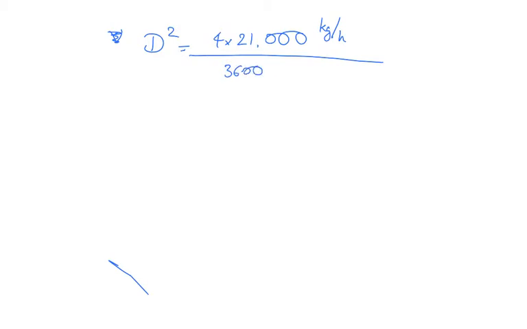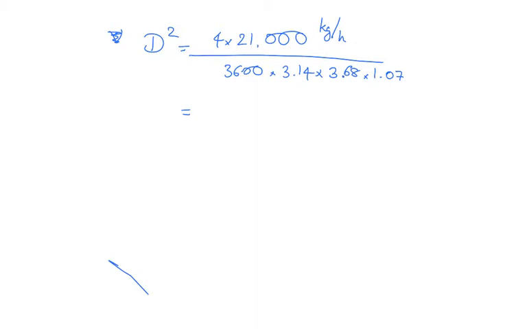Times 3.14 times density 3.68 times 1.07. Right? Okay. Thank you so much. And so you get your d square from there.